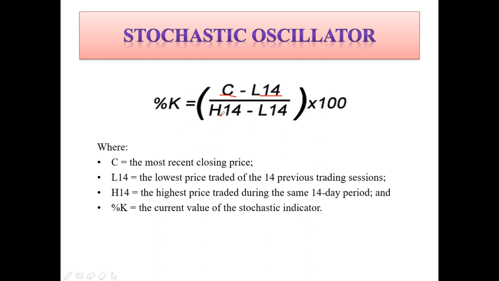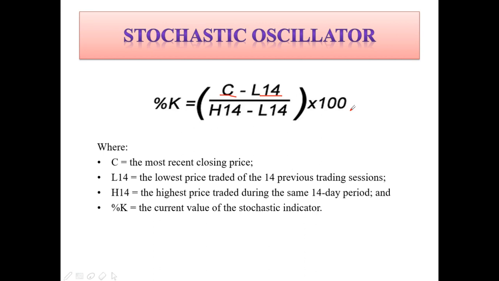And then here we have H14, which is the highest price traded during the same 14-day period. Again, similarly, you can change the time frame. And L14 again is the lowest price. This percentage K represents the stochastic oscillator, and this value is plotted all over the indicator and shows in the chart form.